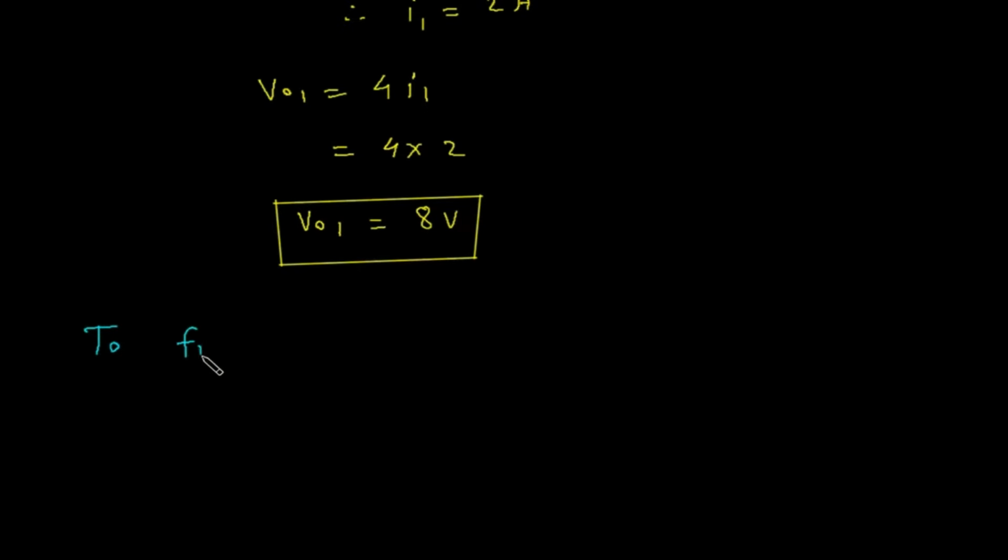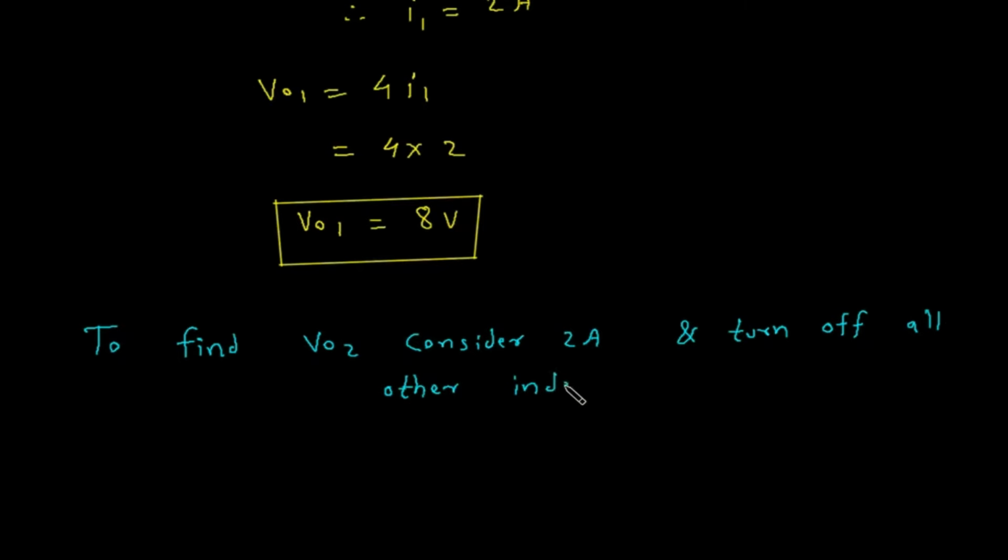To find VO2, consider the 2 ampere source and turn off all other independent sources.